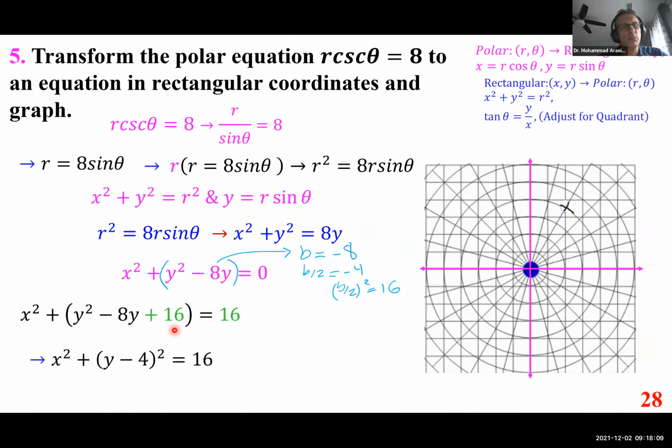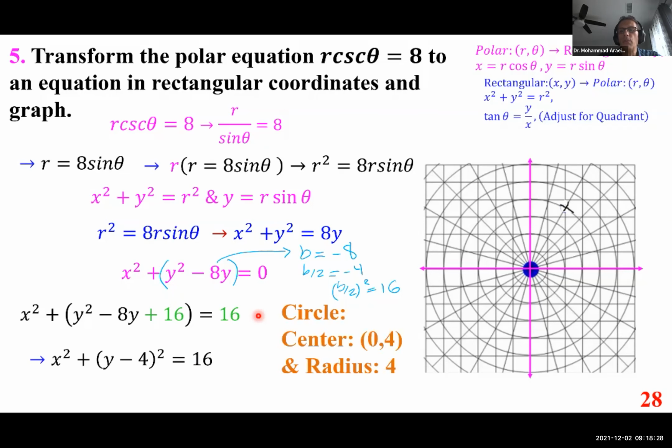Again, comparing it to the circle in standard form, this is a circle centered at 0, 4. The radius is square root of 16, which is also 4. So 0, 4, you start counting and going up 4 units. Look at the circles. This is 1, 2, 3, 4. And then you draw a circle with the radius 4.